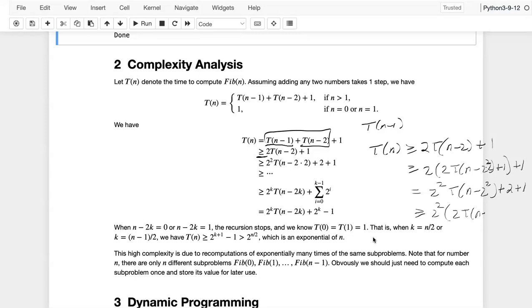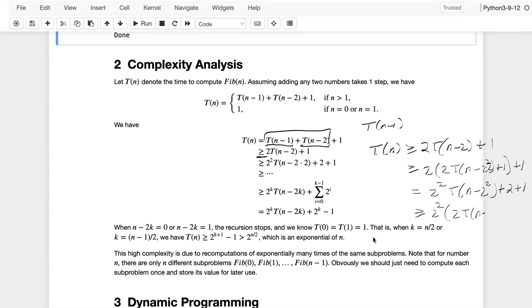So there's a 2, actually I should say it this way rather than making it as a multiplication.